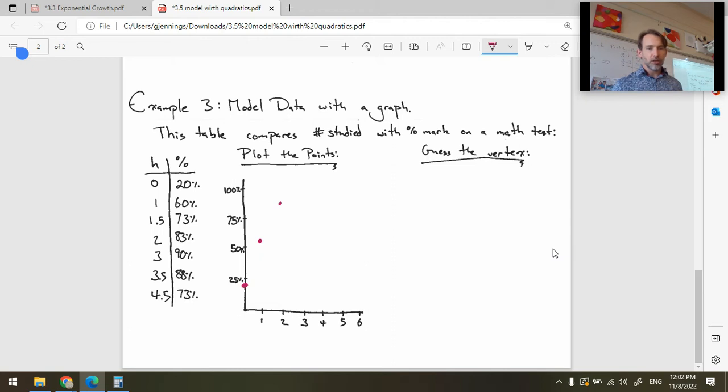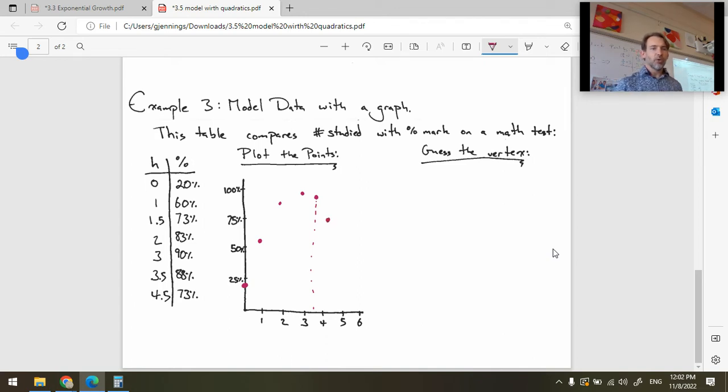Oh, cool. That's pretty good. That's up there. 3.5 hours, 88%. It's only come down a little bit. And 4.5 hours, 73%. Okay, so 73%, it's over there. 4.5 hours is in between 5 and 4. It's about there. All right.